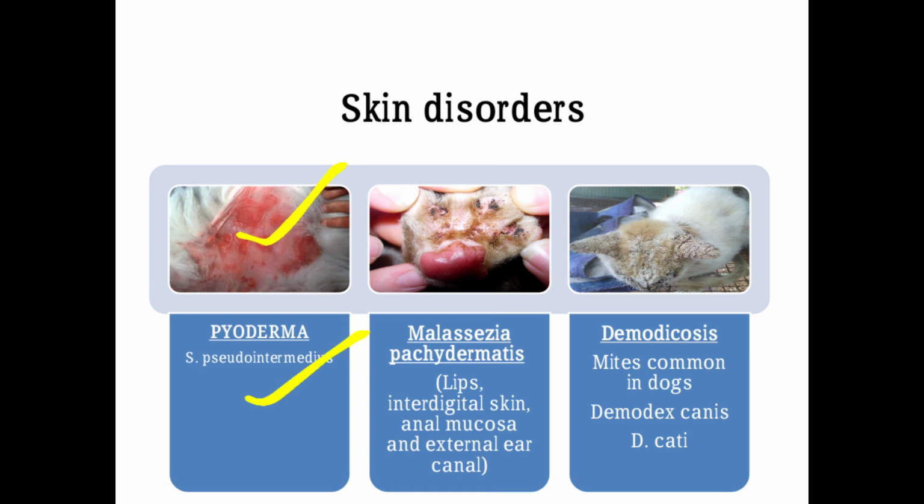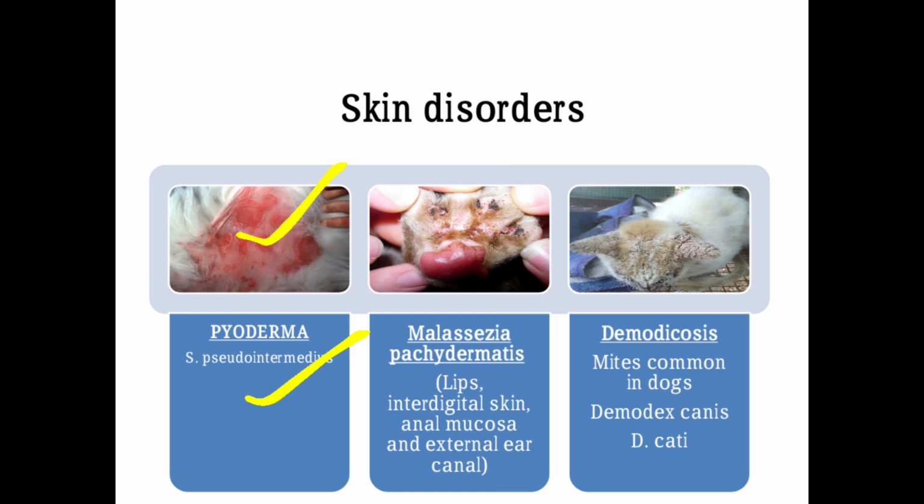But this is not the only cause of pyoderma, because it may be secondary to other skin disorders, hormonal or immune disorders, or infections like fungal or viral infections, or mites and ticks around the skin. So this is a secondary condition or sign of the disease.